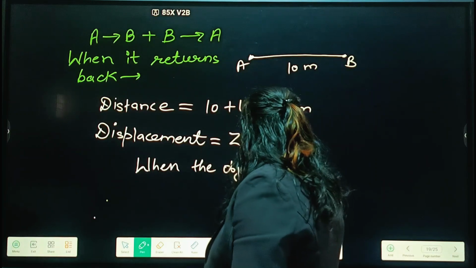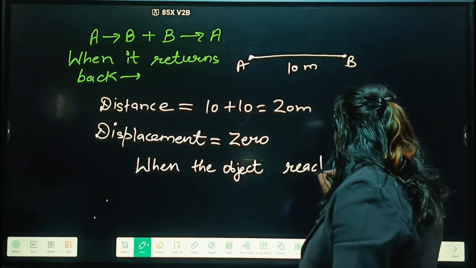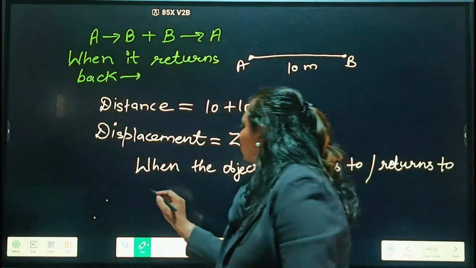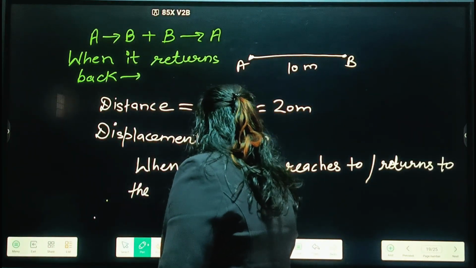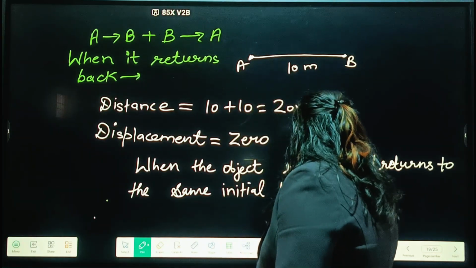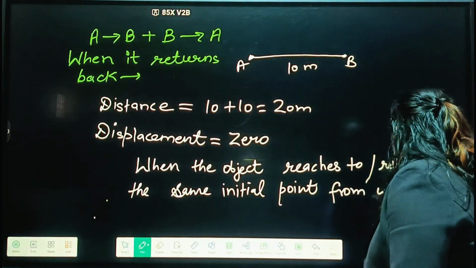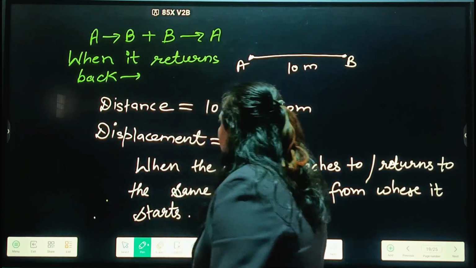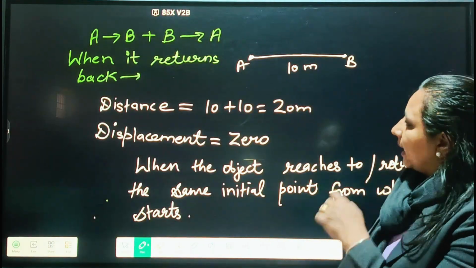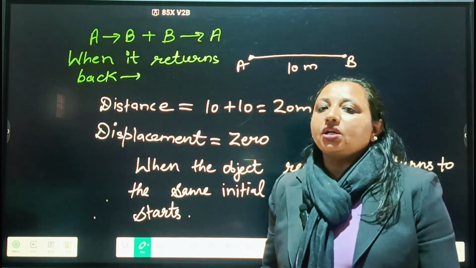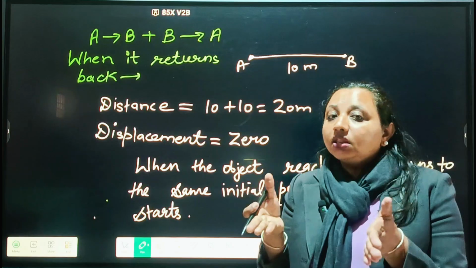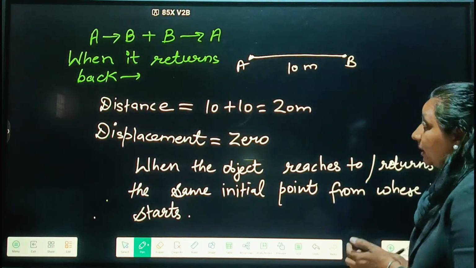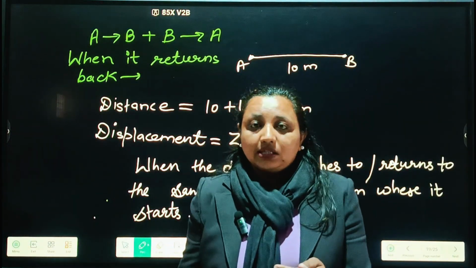When the object reaches or returns to the same initial point from where it starts. So at that time its displacement is 0. If the object comes back to where it started after moving around, in that case its displacement is equal to 0. How much does the displacement become? 0. But distance will never be 0, distance will always keep adding up.